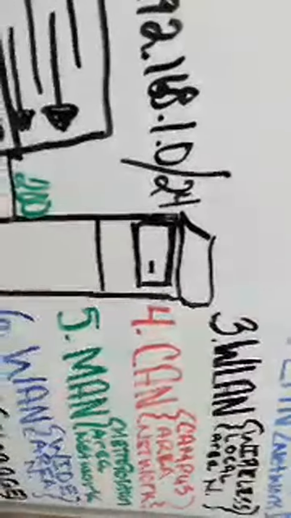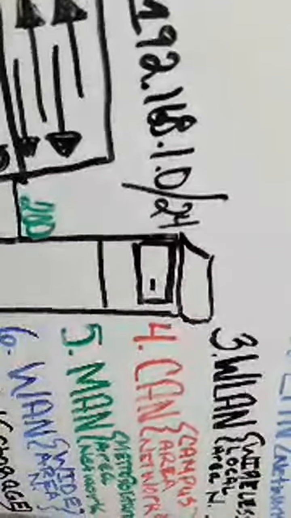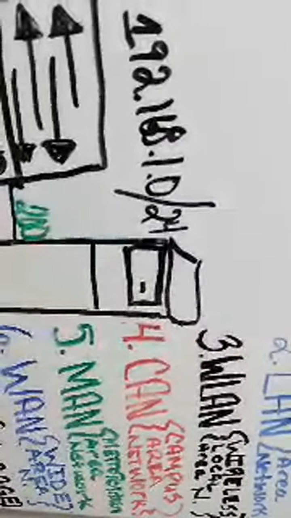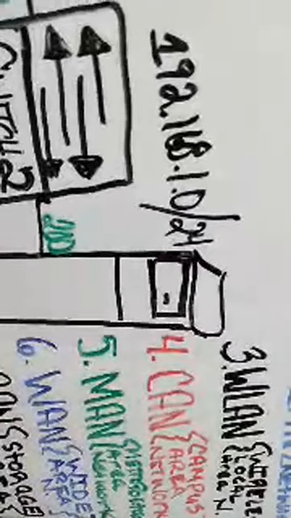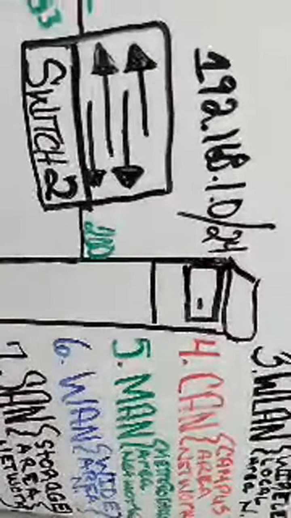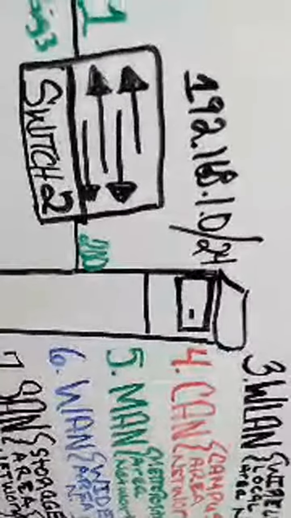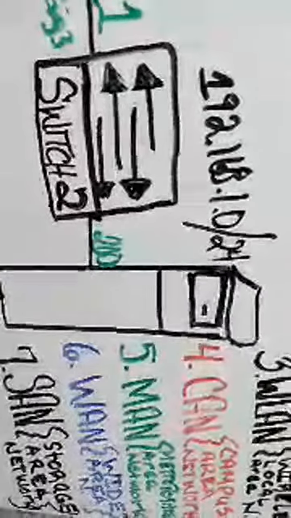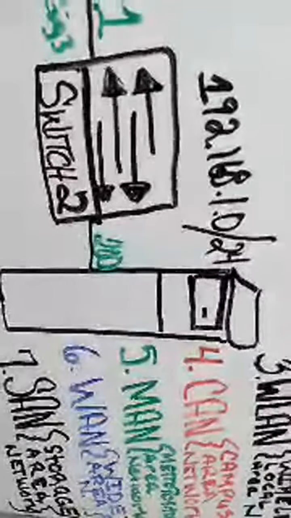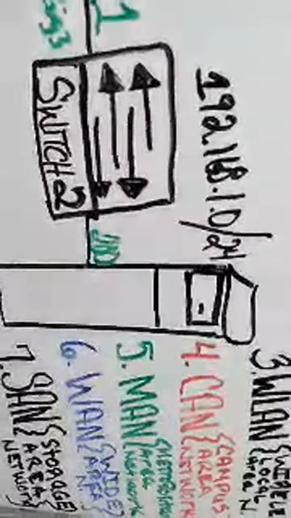MAN, Metropolitan Area Network, is a computer network that interconnects users with computer resources in a geographic region of the size of a metropolitan area. Like I reside in Atlanta, so the surrounding areas would be something like Roswell, Sandy Springs, Alpharetta, College Park.